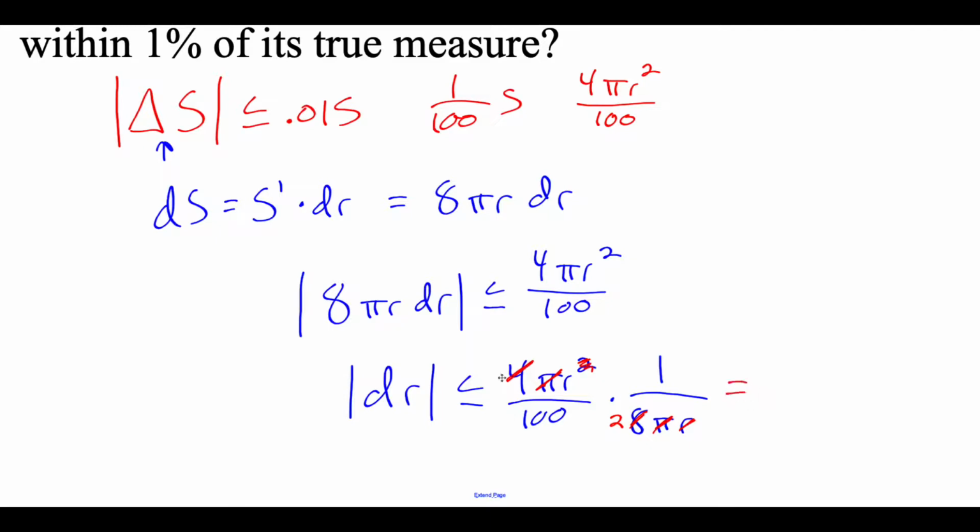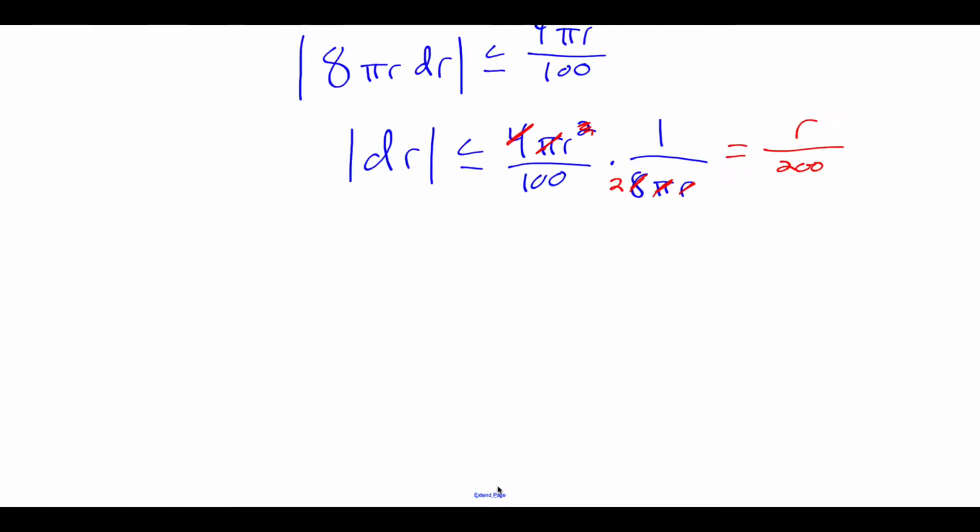So now if we look at multiplying the things across the top here, we've got an r and a 1 left over, so that's just r on top. And across the bottom we've got 200. Now I would really think about separating this out and writing it as 1 over 200 times r, but 1 over 200 is 0.005 r.